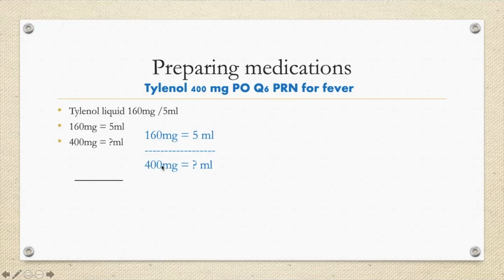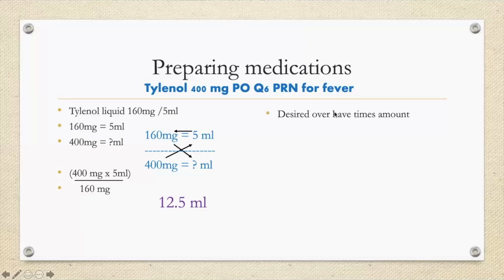Remember back in chemistry, to figure that out, you would cross multiply your 400 times your 5 mLs, and then you would divide by your 160 milligrams, which would give your answer in mLs, which is 12.5 mLs. So just cross multiply, divide by, come back across, and then your answer right there.